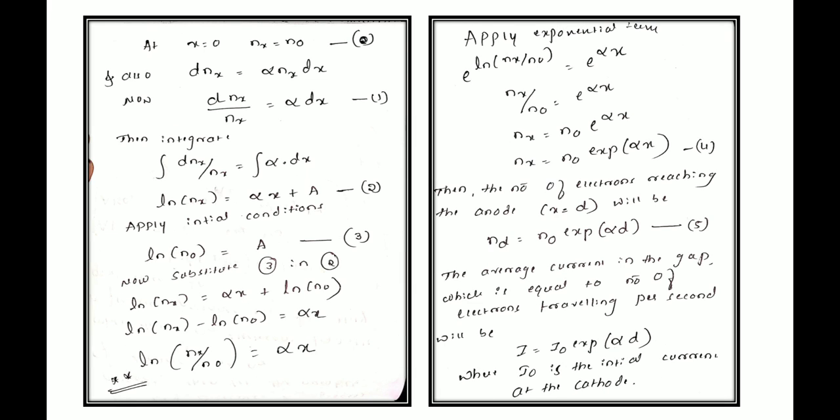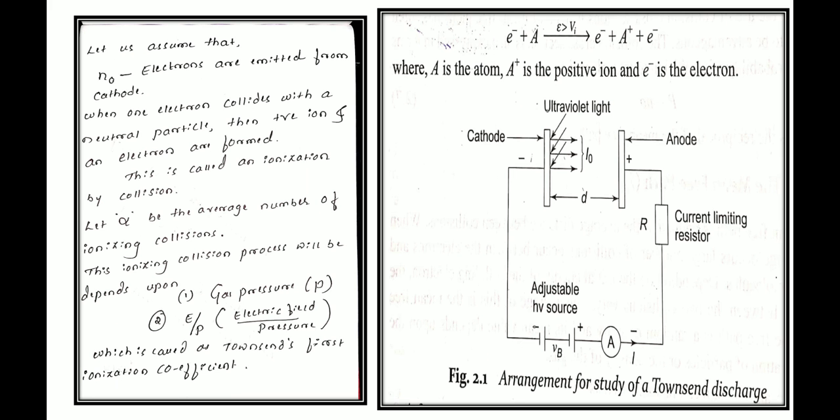At initial condition, at a distance x from the cathode, initially x will be equal to 0. The number of electrons will be considered at any distance x from the cathode; the total distance between the two electrodes is represented by small d.